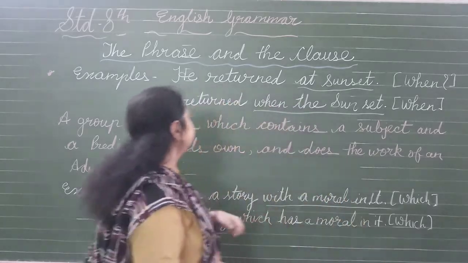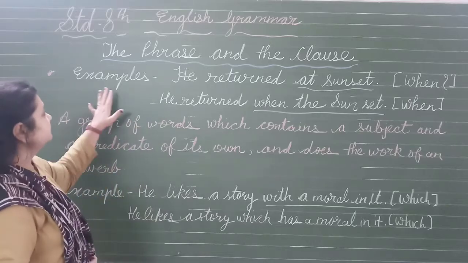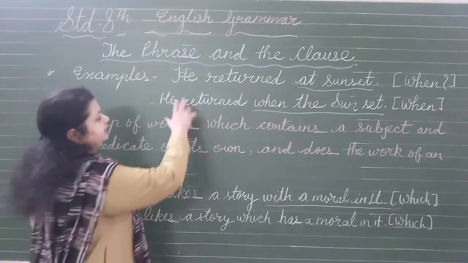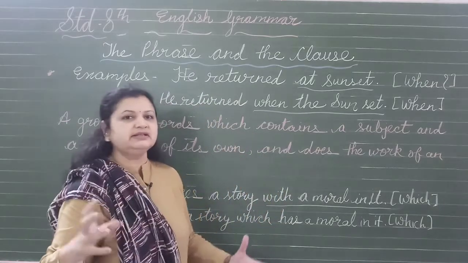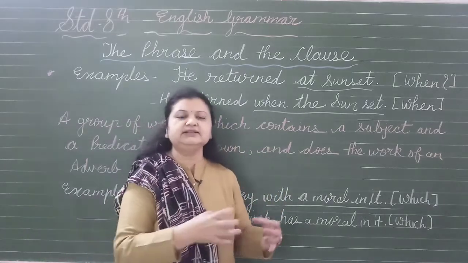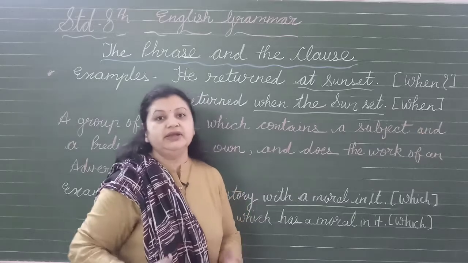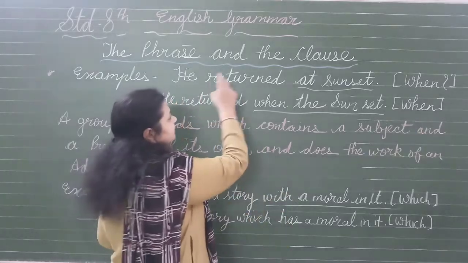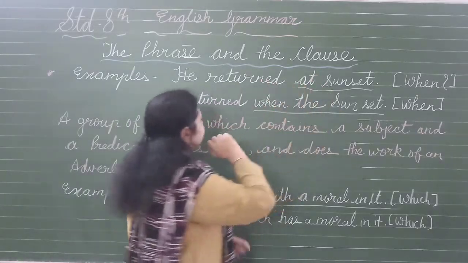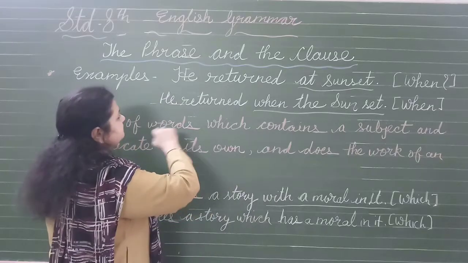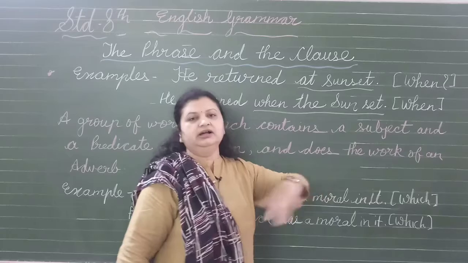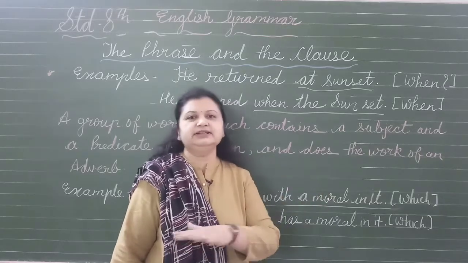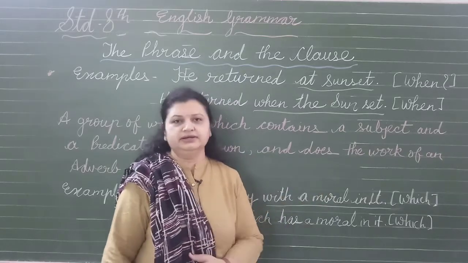Okay, now see, the example given here is: he returned at sunset. Obviously the question arises in our mind: when did he return? Second example: he returned when the sun set. Again the same question arises: when did he return?